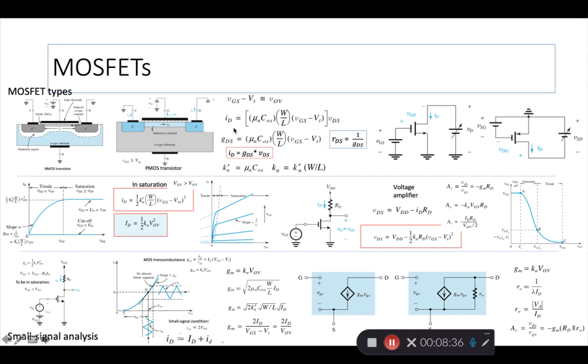So the drain current, which is the current that flows through the entire device, is given by this formula, and these parameters are also new. Well, mu n is the electron mobility. I think we saw that in the first chapter on semiconductors. COX is something new.